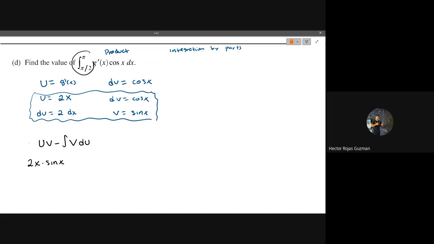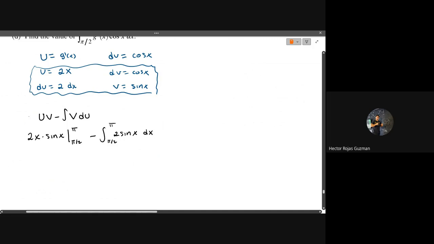We have limits of integration. They apply to these, from pi over 2 to pi, minus the integral of v du. So I'm just going to go ahead and put the 2 in the front.